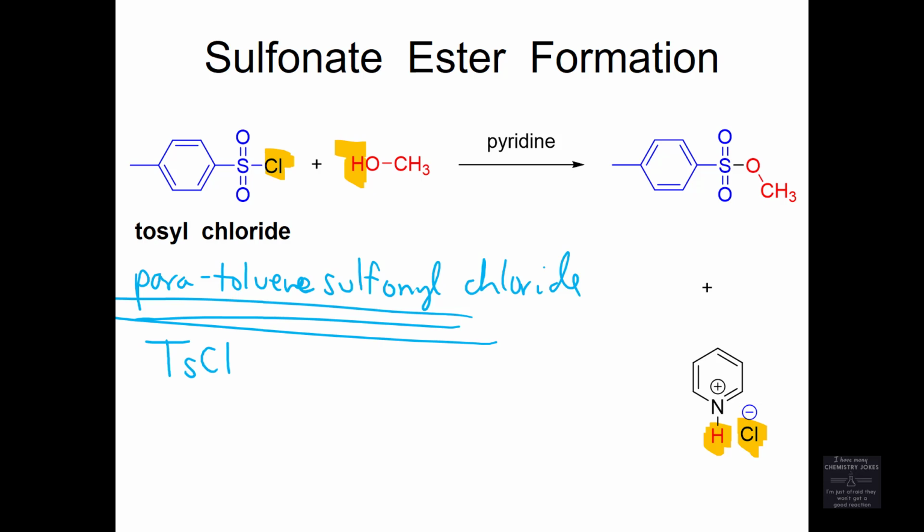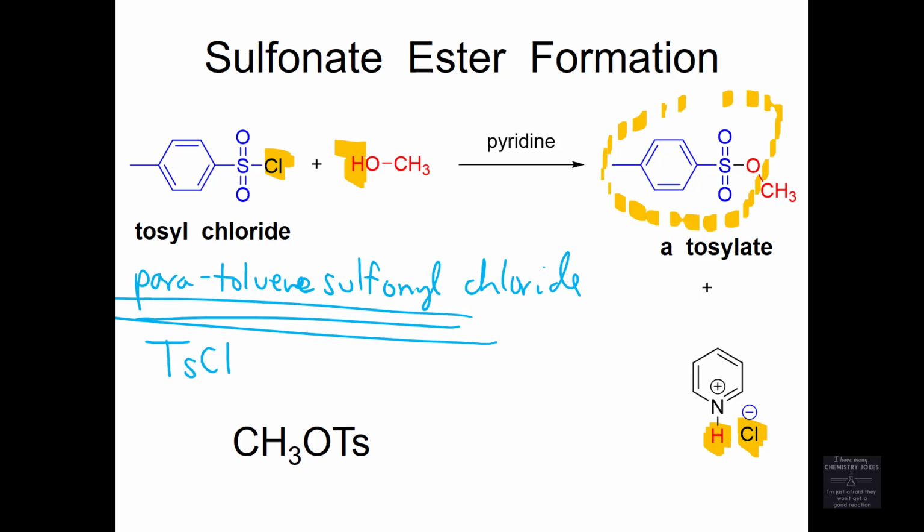This product over here is a tosylate. What is a tosylate? Oh, come on, PowerPoint. A tosylate, there we go. A tosylate is a sulfonate ester. It's a particular type of sulfonate ester where this part is connected to some carbon group.